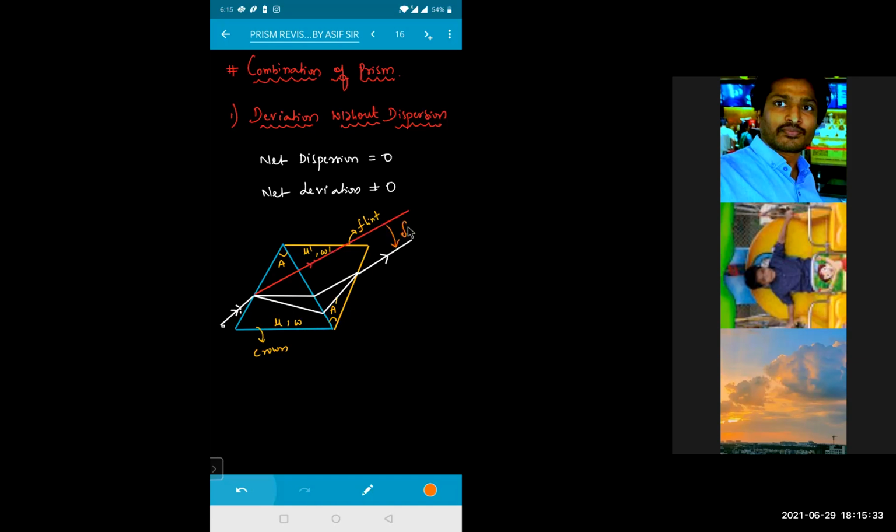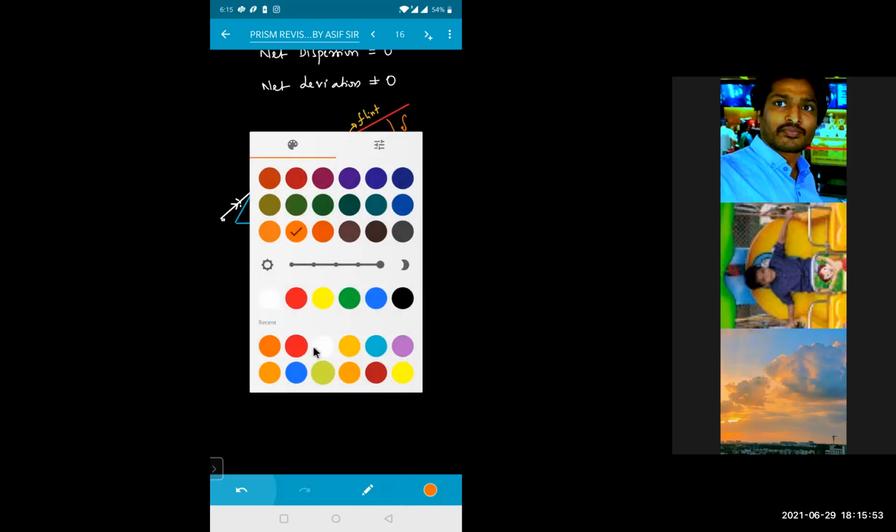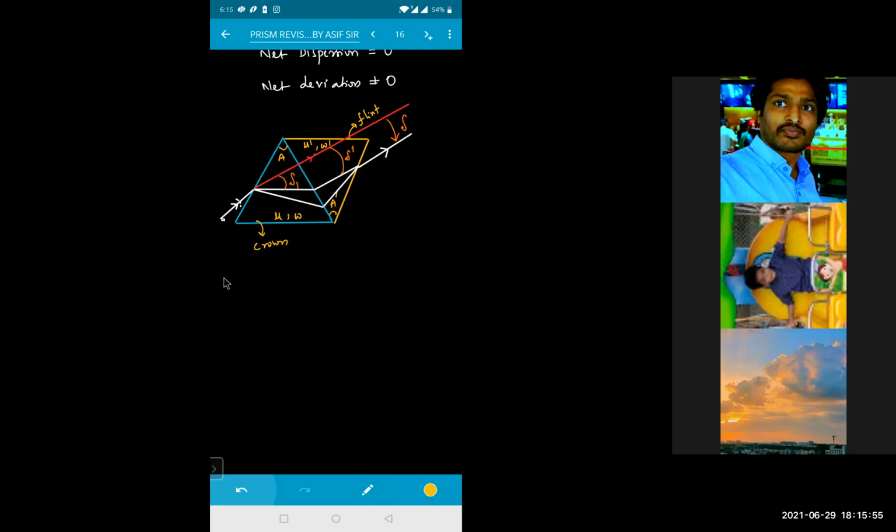The deviation in the first prism is delta 1. The deviation in the second prism will be delta dash. Now, what is the necessary condition for this? Necessary condition.